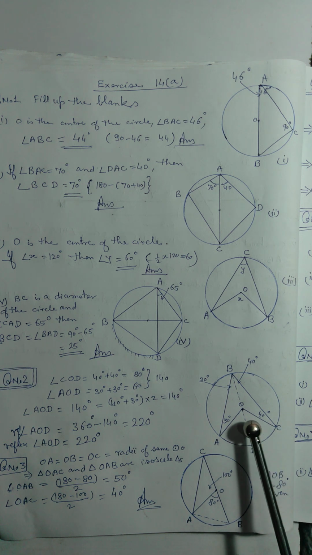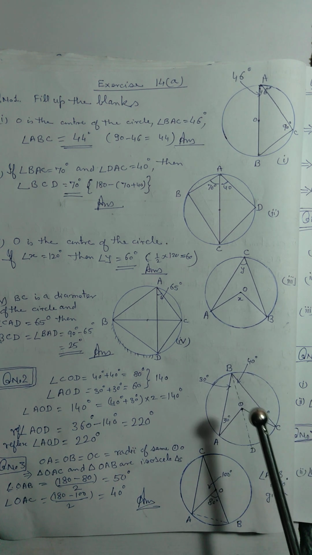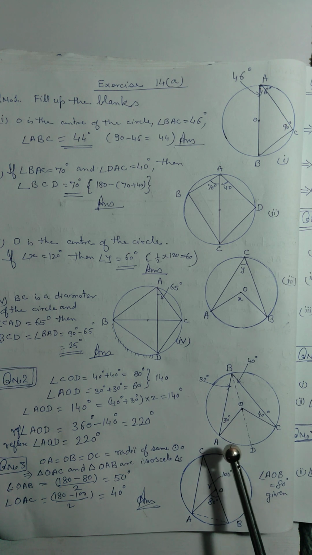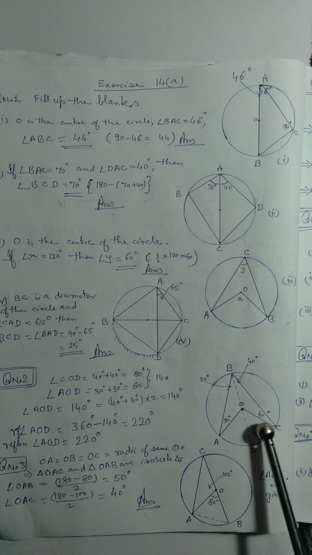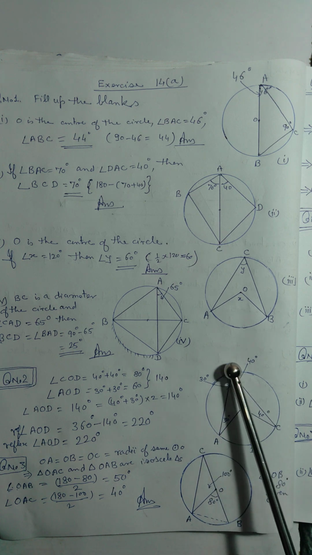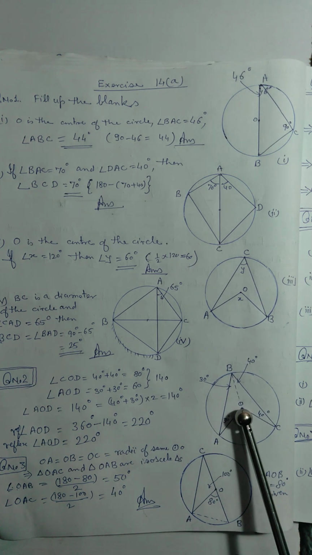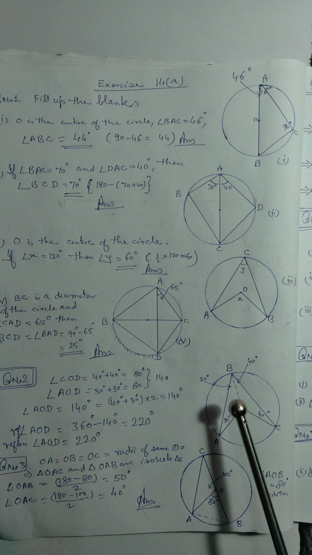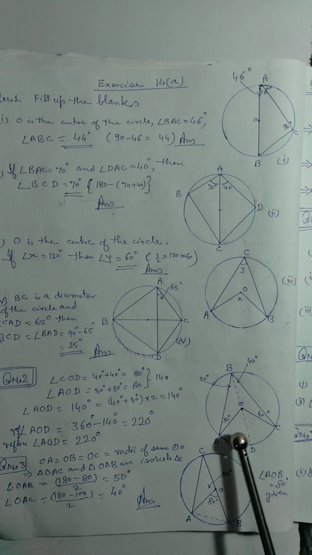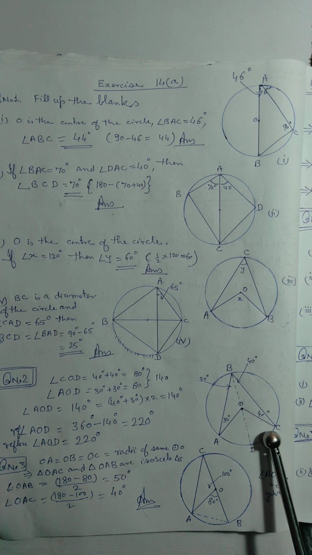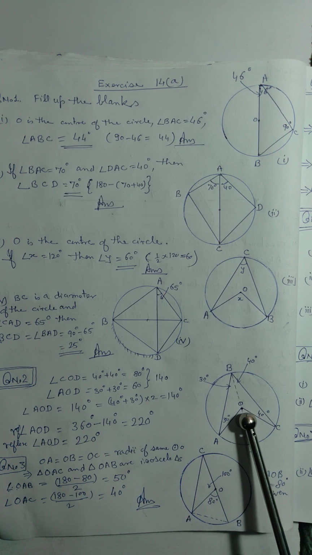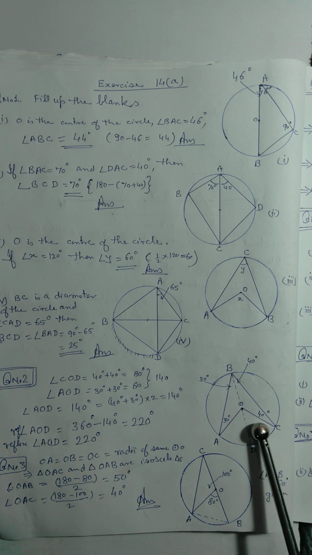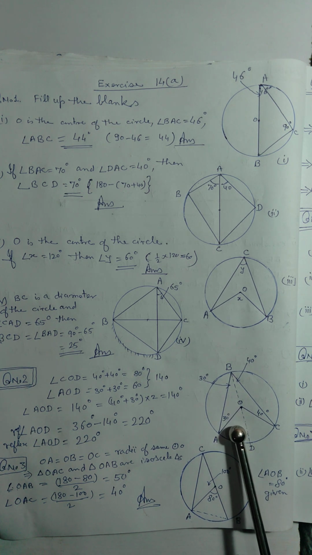So OBC is 40 degrees, and it is given that OCB is 40 degrees and OAB is 30 degrees. So just join it, and you will find that OA, OC and OB are the radii of the same circle.